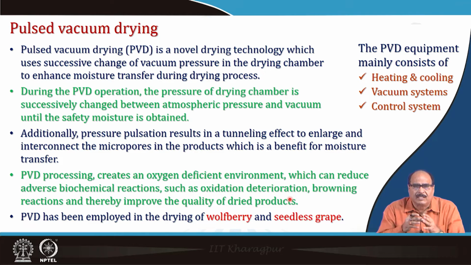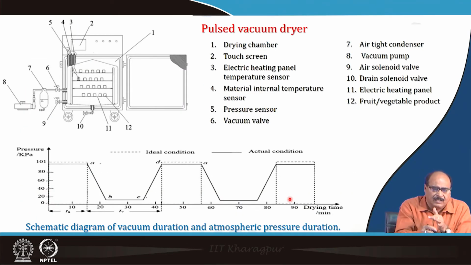PVD has been successfully employed in the drying of wolfberry and seedless grapes. The PVD equipment mainly consists of a heating and cooling system, a vacuum creation system, and of course the control system. All this you can see here in the pulse vacuum unit, where this is the vacuum chamber where the product is kept, along with electric heating panels, temperature sensors, pressure sensor, vacuum valve, airtight condenser and drain solenoid valve, and all those arrangements are provided.